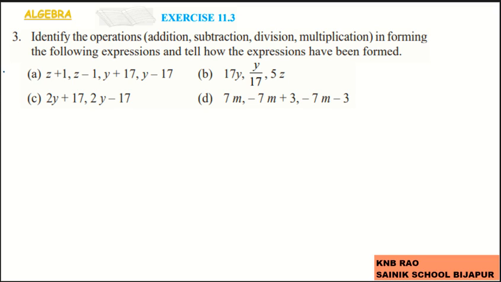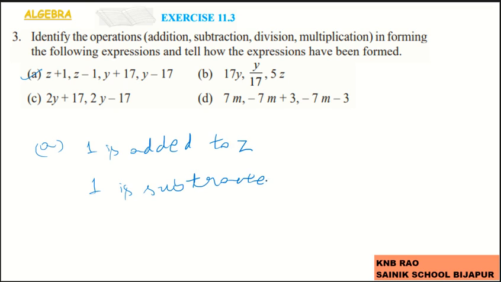Coming to the first one, 1 is added to z. This is how it is formed. Next, in the same one, 1 is subtracted from z.